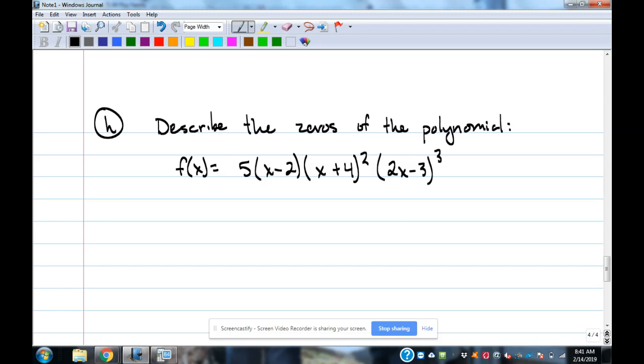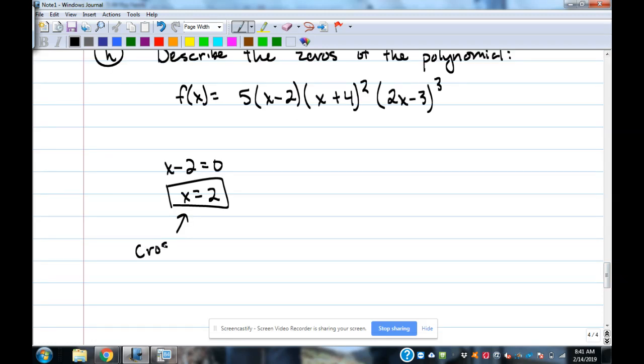That's the idea there. So without graphing it, we're going to graph it too, but without graphing it, what's going on here? When I say x minus 2 equals 0, I get x equals 2, right? What's happening there? Okay, it crosses the x-axis. And when I say x plus 4 equals 0, I get x equals negative 4.